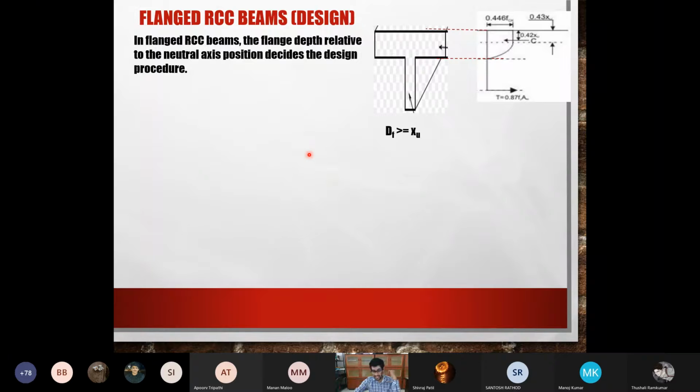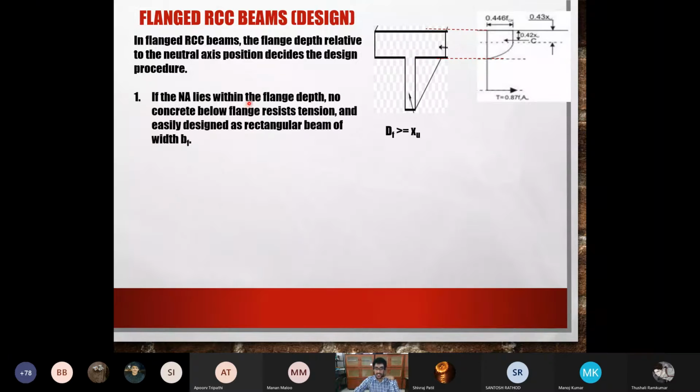So in such a case, if the neutral axis lies within the flange depth, such that the depth of the flange is greater than the neutral axis, then everything below that resists only tension and you can just design it as you design a rectangular beam.